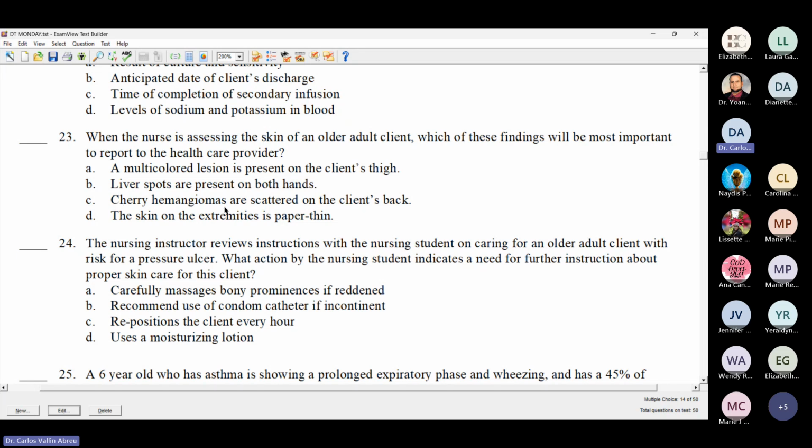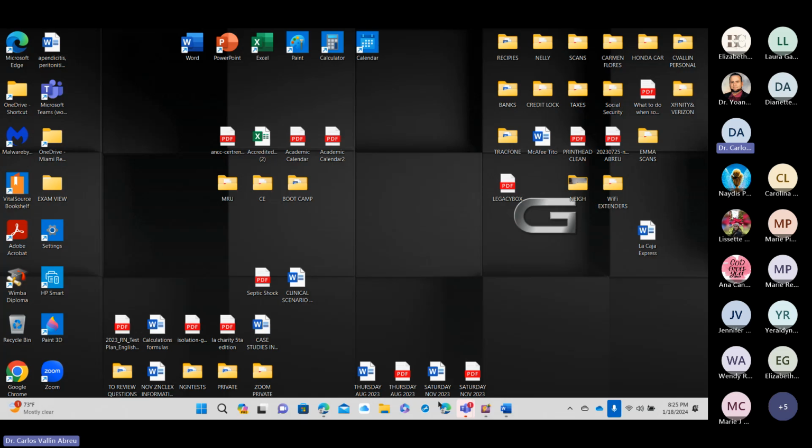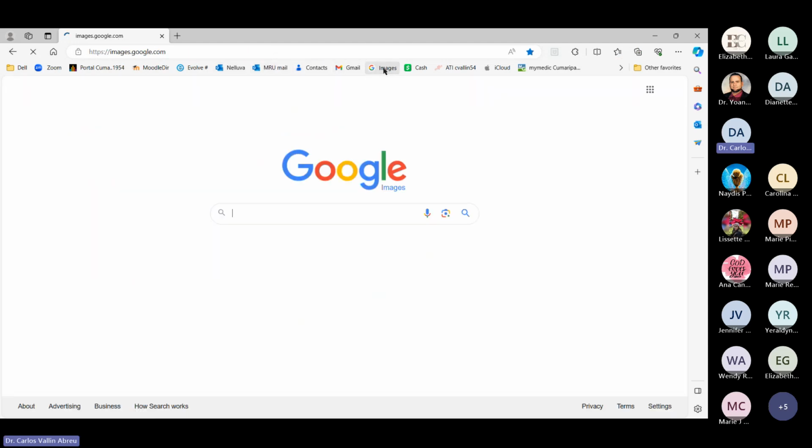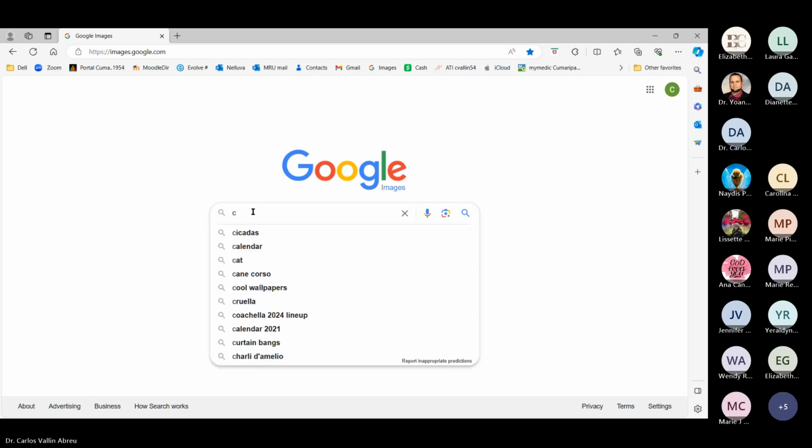Cherry hemangiomas are scattered on the client's back. You need to know that very white people, people that have very fair skin, develop a type of skin moles called cherry angioma.